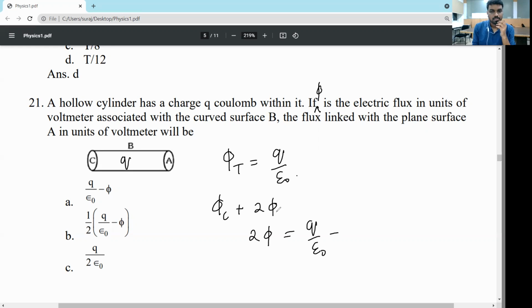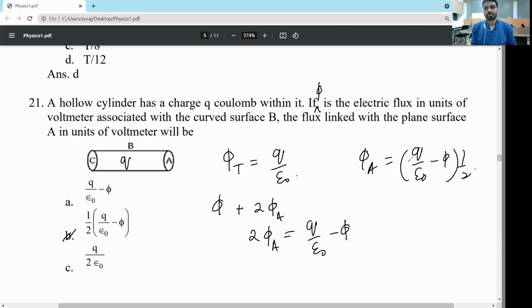For the curved surface, it is given as phi. So 2 phi A will be Q by epsilon naught minus phi, so phi A will be Q by epsilon naught minus phi, all multiplied by 1 by 2. Next.